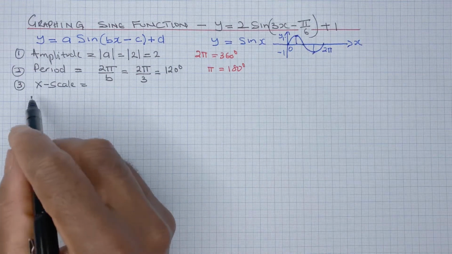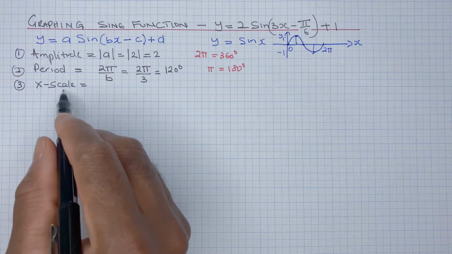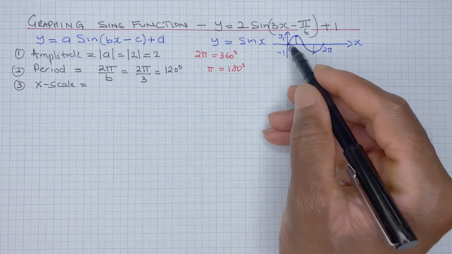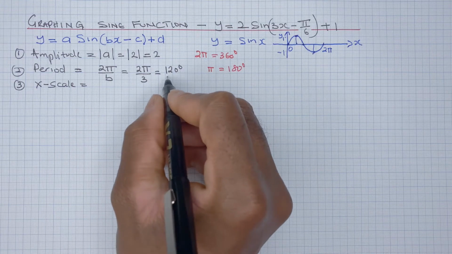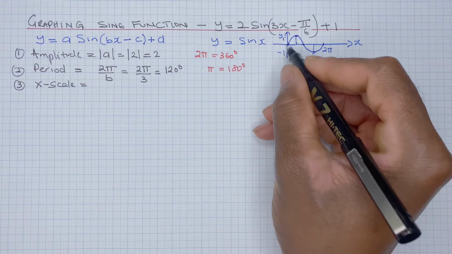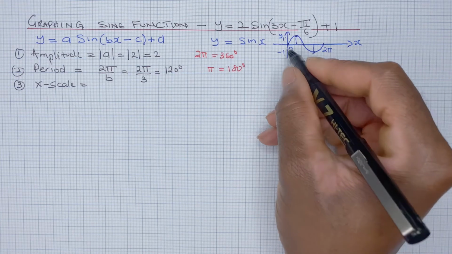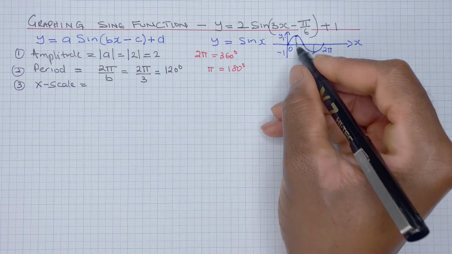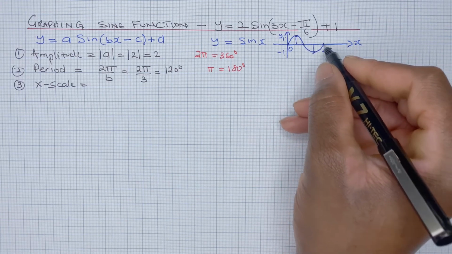The third thing we need to do is the x scale. I said it's 4 parts. So you always take your period and divide it by 4 parts. If you divide 360 by 4, you get 90. That's why we go from 0 to 90, then 90 to 180, then 180 to 270, 270 to 360.